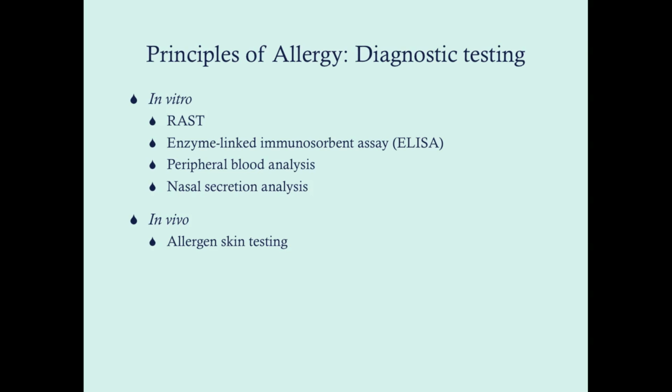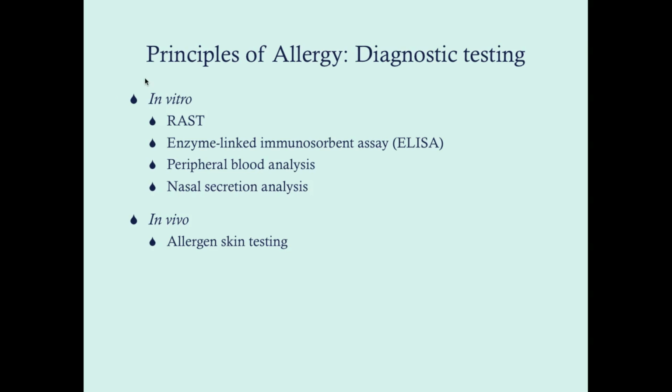Now, on the other hand, if you were to get a nasal secretion analysis in a patient who already has symptoms of allergy, well, asthma too, but symptoms of allergy, and you were to find excess eosinophils in the nasal secretion, that is relatively specific for things like allergic rhinitis.